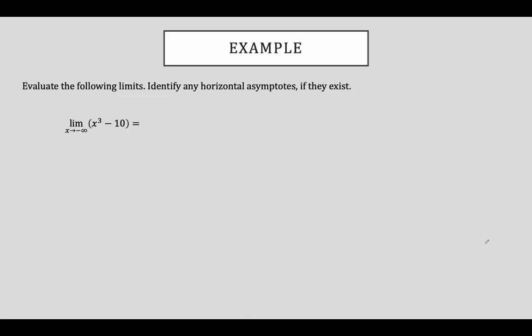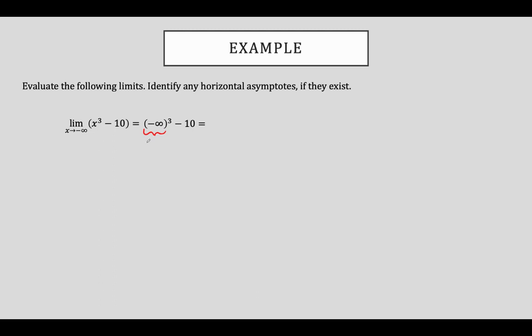Let's try another one. Evaluate the following limits. Identify any horizontal asymptotes if they exist. So we're finding the limit as x approaches negative infinity. Let's substitute that in for x. That gives me negative infinity cubed minus 10. What happens when I cube negative infinity? That's negative infinity times negative infinity times negative infinity.